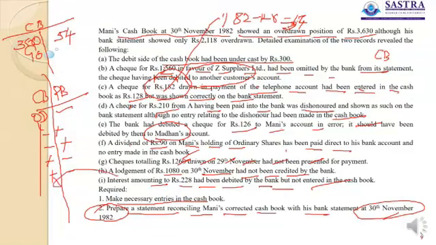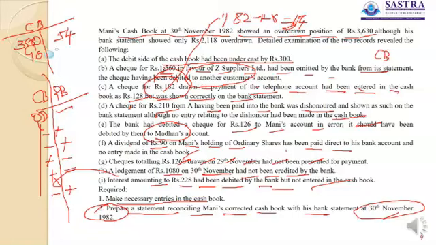Come to checks totaling 1,260 drawn on 29th November that had not been presented. Such 1,260 has been a payment entered in the cash book, so cash book minus, passbook plus.